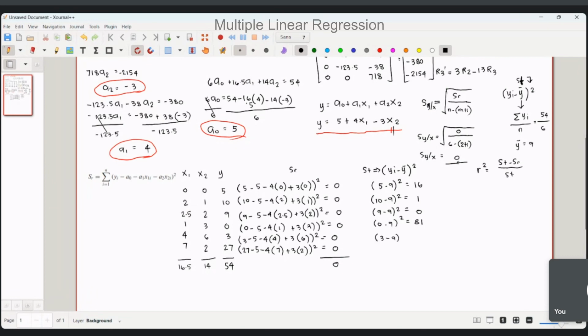3 minus 9 squared. 36. In this one, 27 minus 9, that's 18. Sakto ba? 324, miss.